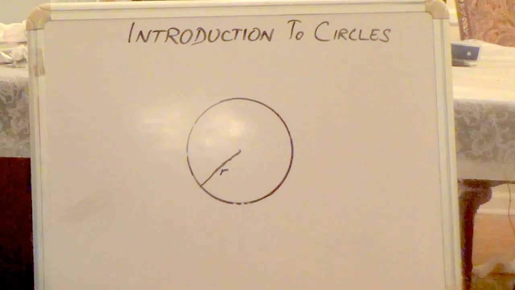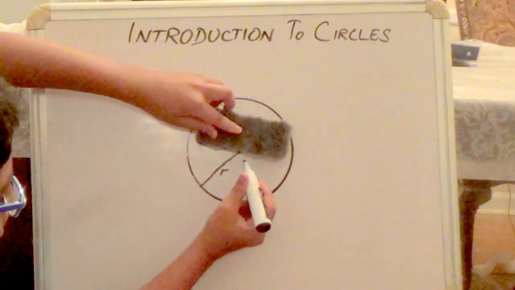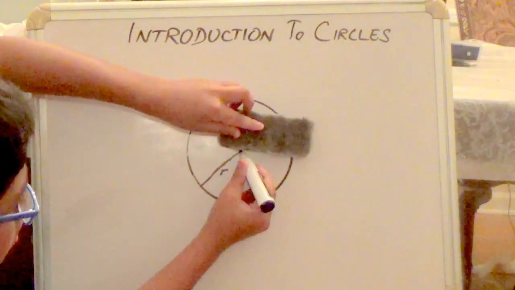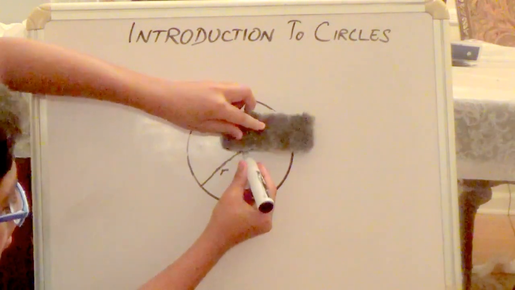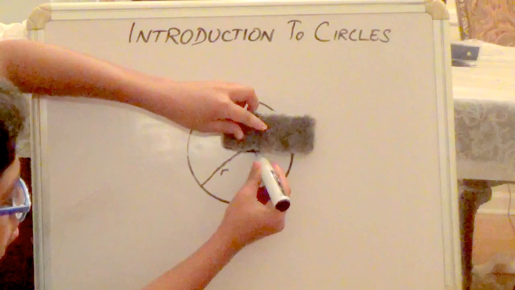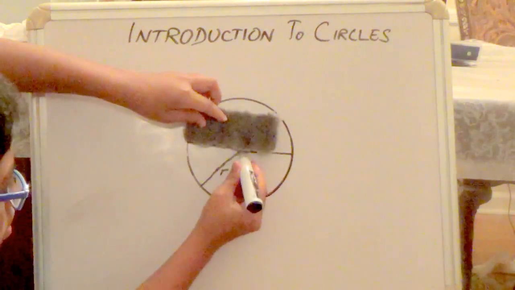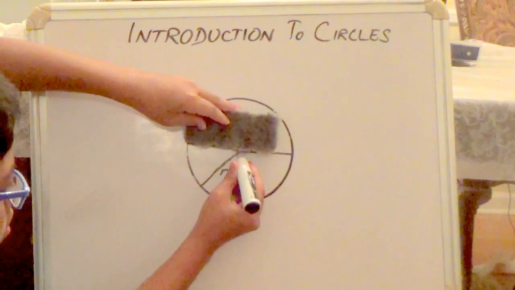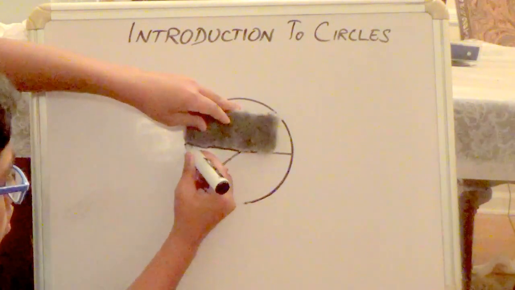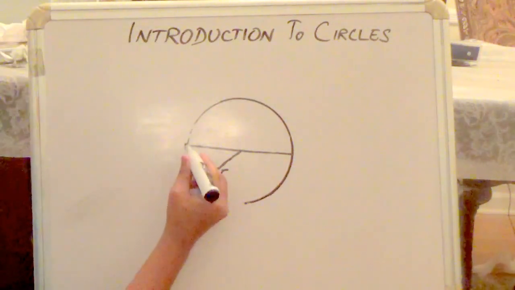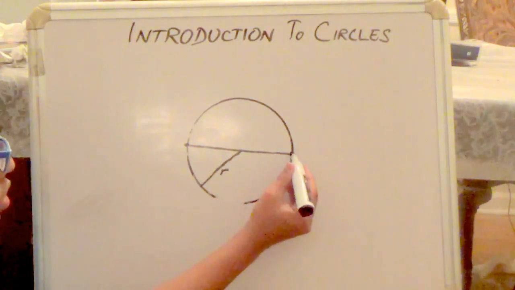And another famous example that you may have heard of is the diameter. The diameter is the distance from one endpoint to another endpoint of a circle that passes through the center.